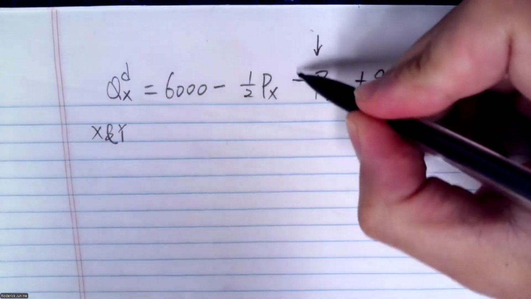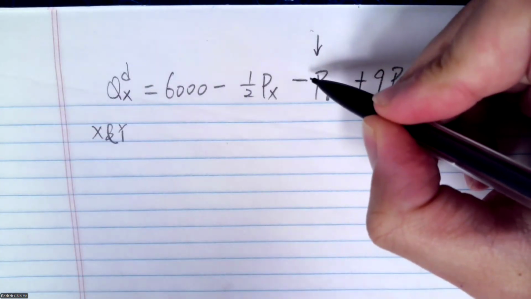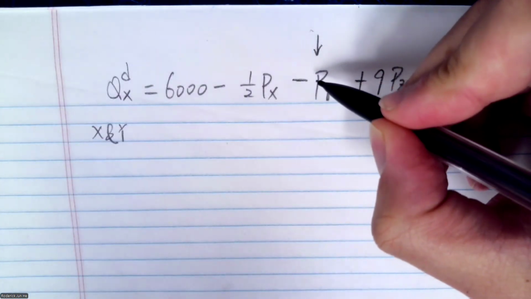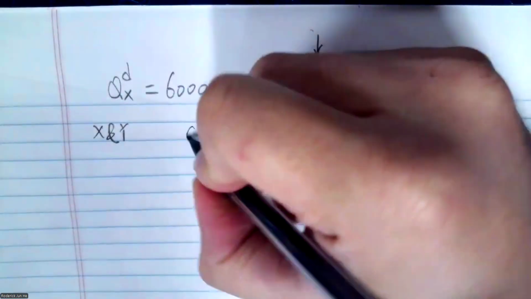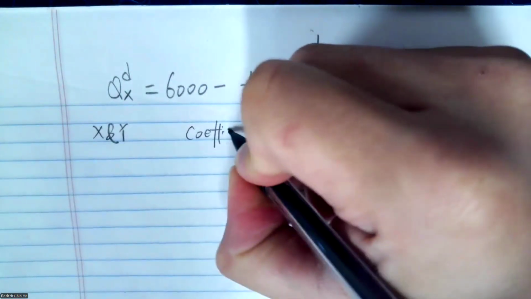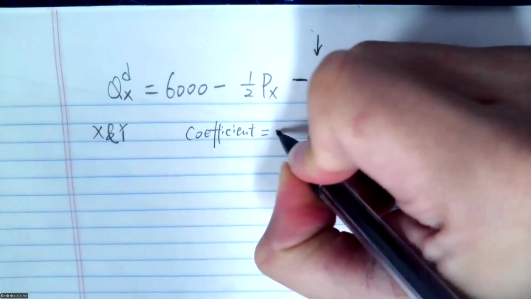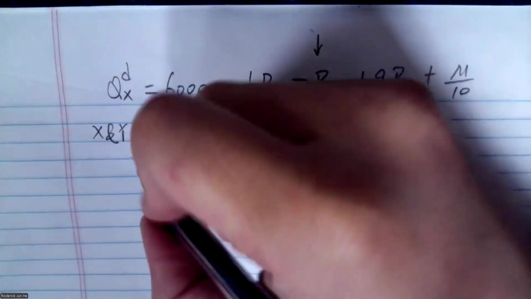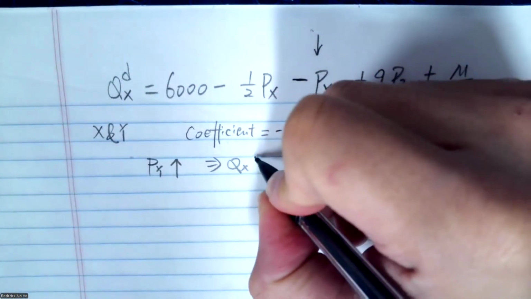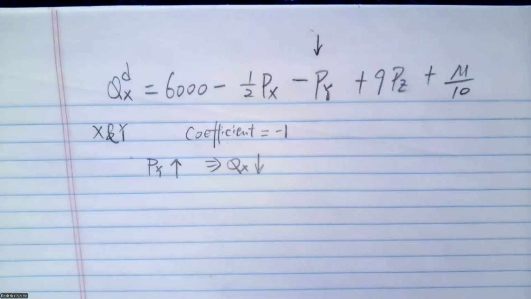With a minus sign ahead of it, it tells you the coefficient of Py is negative, here -1, which is smaller than 0. That indicates that when Py rises, Qx decreases. So that's what we learned from this function.